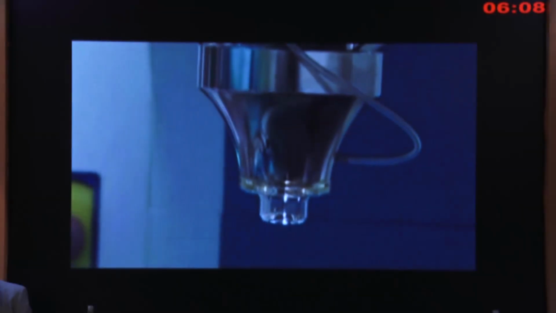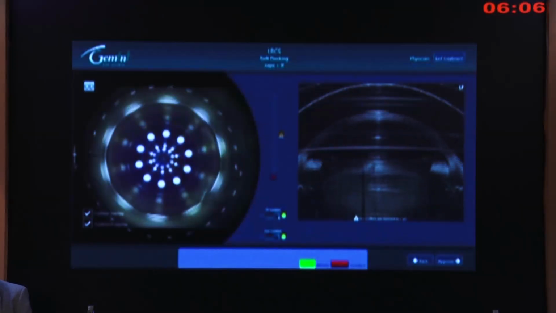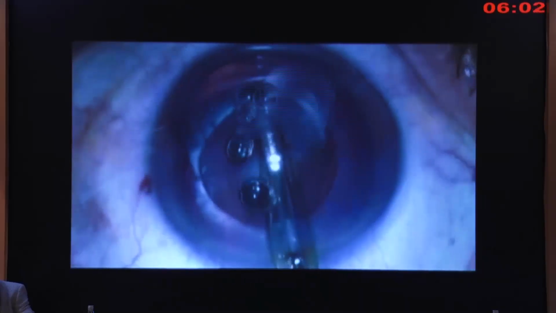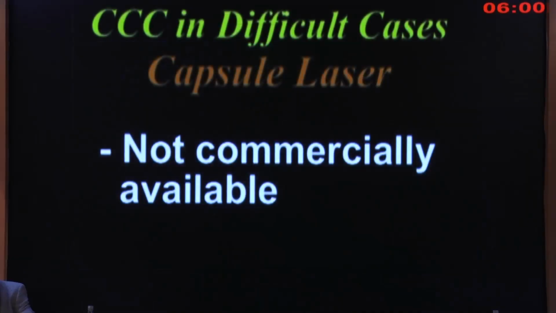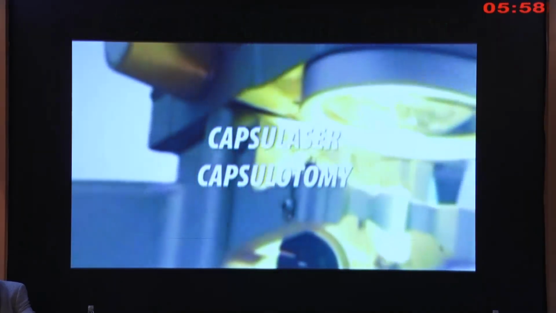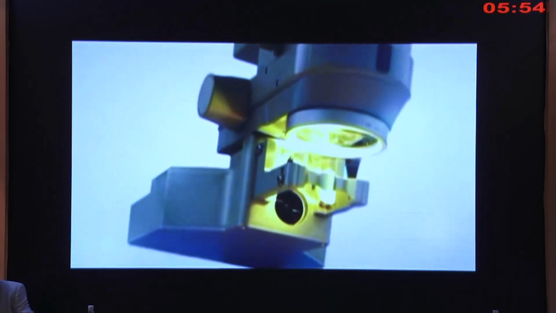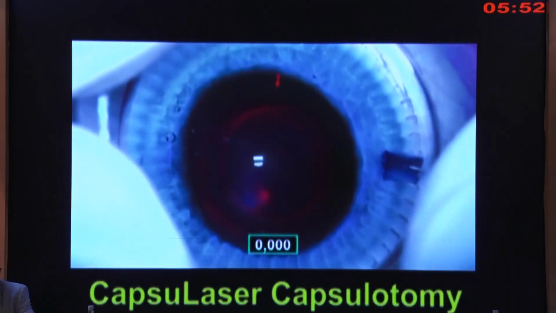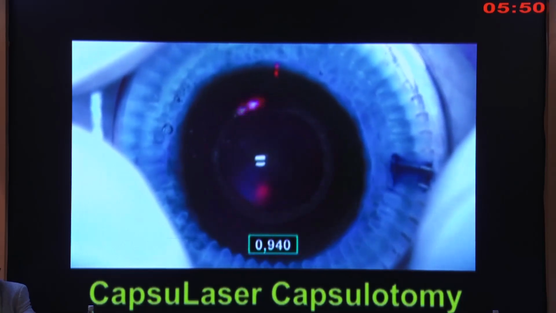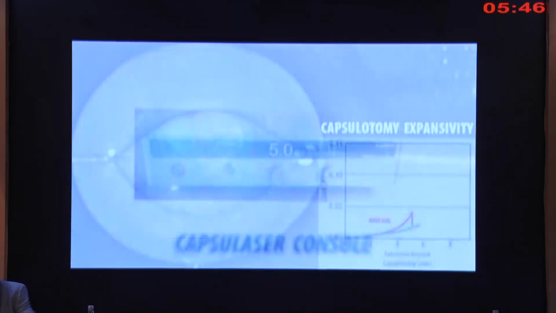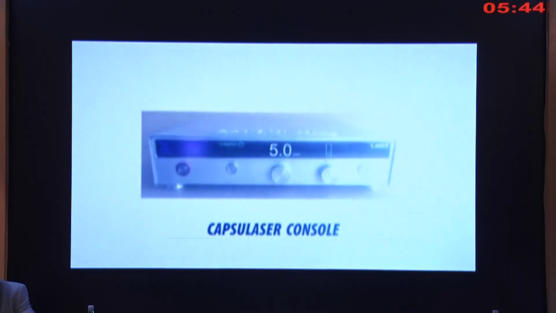The femto carries many advantages, but it's expensive, and secondly, there is a disposable cost, and also it impedes the workflow. And capsular laser is another recent technique which can be helpful to provide the capsulotomy, and you can see the studies done with this laser.